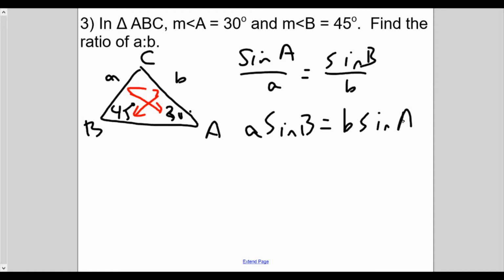All right, and so now we're not solving for one letter or the other.